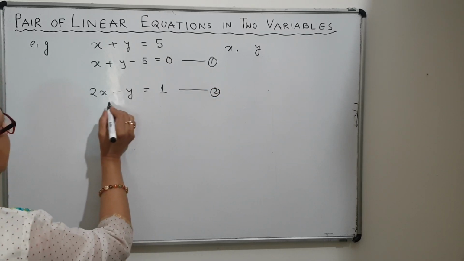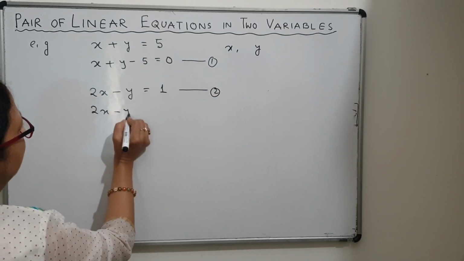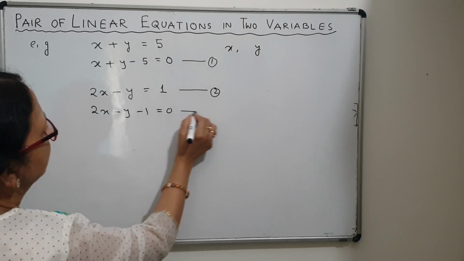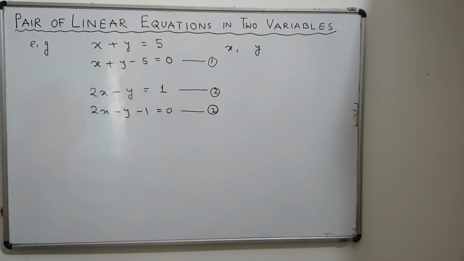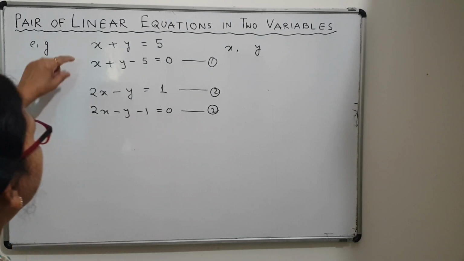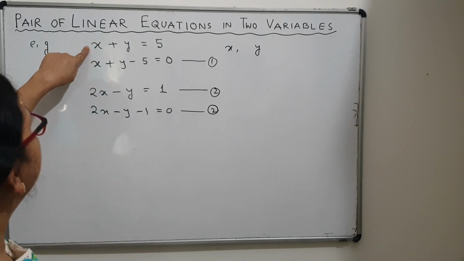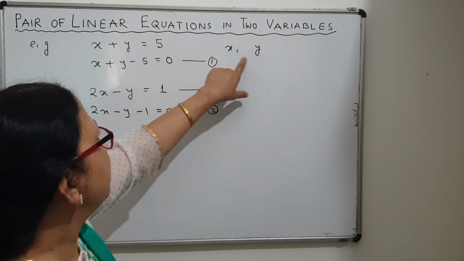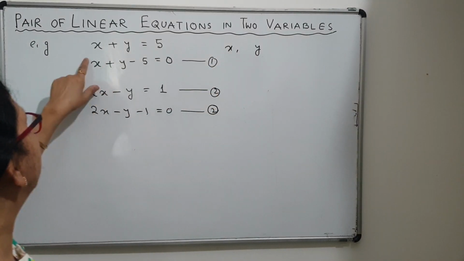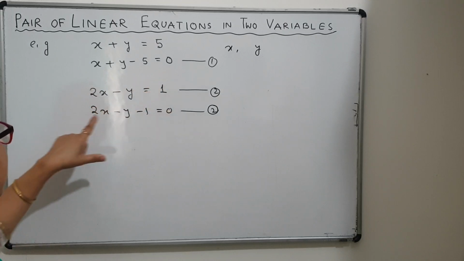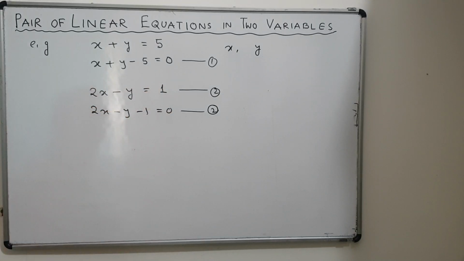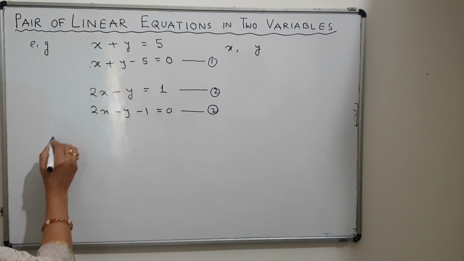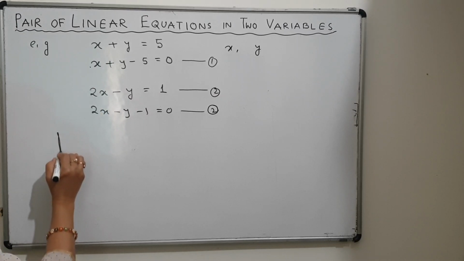Or let me write it this way: 2x minus y minus 1 is equal to 0. That is equation 2 in the standard form. That means two relations are given which are satisfied by the two numbers. One is this equation, and another is this. From this I will be getting a line. Let me plot the graphs now.